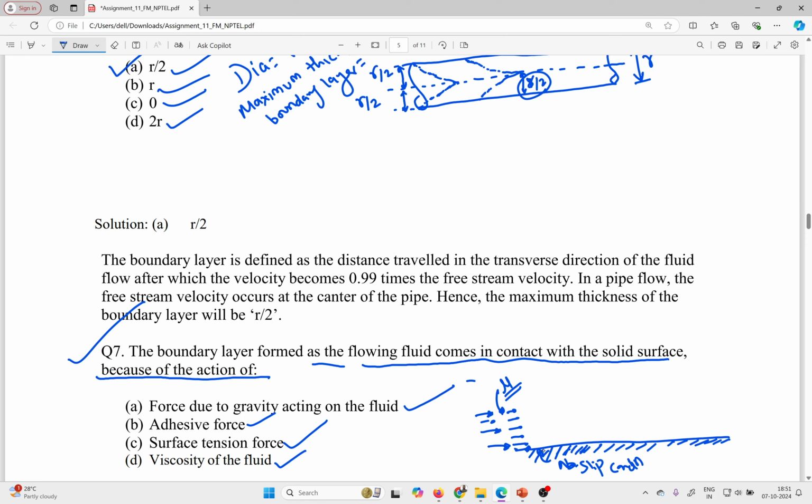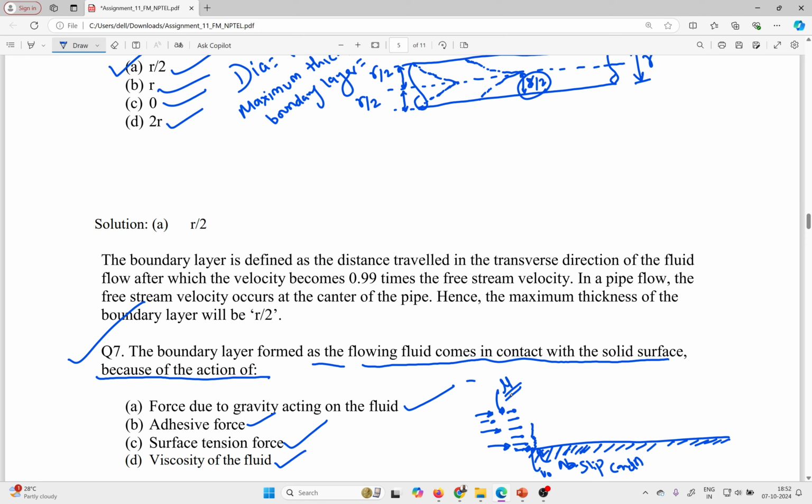So what will happen? Firstly, this plate will try to reduce the velocity of the first layer, and finally it will be zero, the layer just adjacent to this plate, that is, here velocity is zero. After that, this effect will propagate to upper layers.